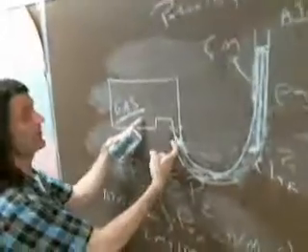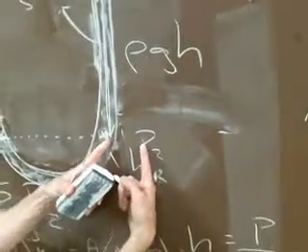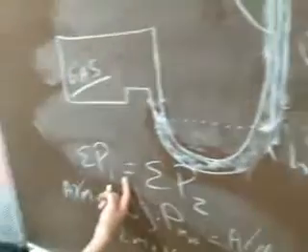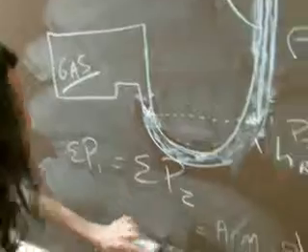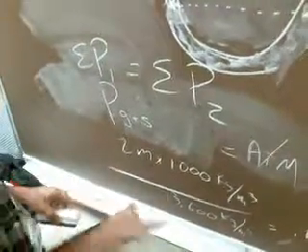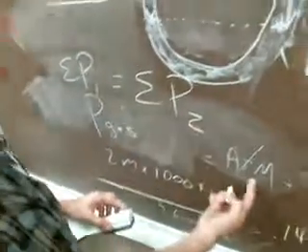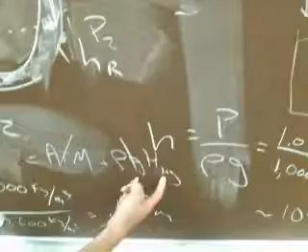And what you'll do is say the sum of the pressures at one location is exactly the same as the sum of the pressures at any two locations. The only difference here is pressure at location 1 is due to the pressure that the gas itself is exerting, and the pressure at location 2 is atmosphere plus rho GH.